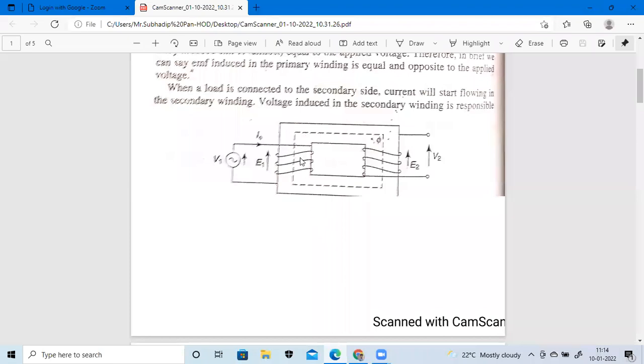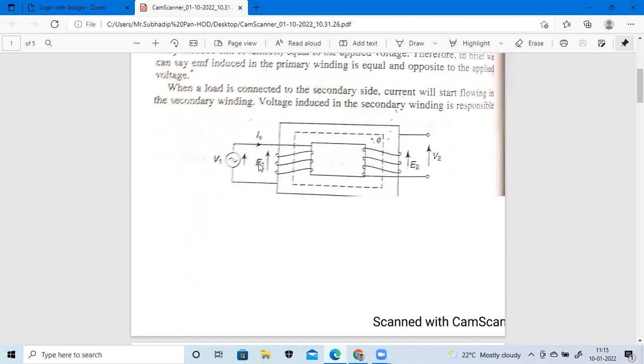That means representing this coil as a combination of resistance and inductance, that is, resistance and reactance components. The supply voltage is given to the primary side of the coil and is represented by V1, and the induced EMF by E1.